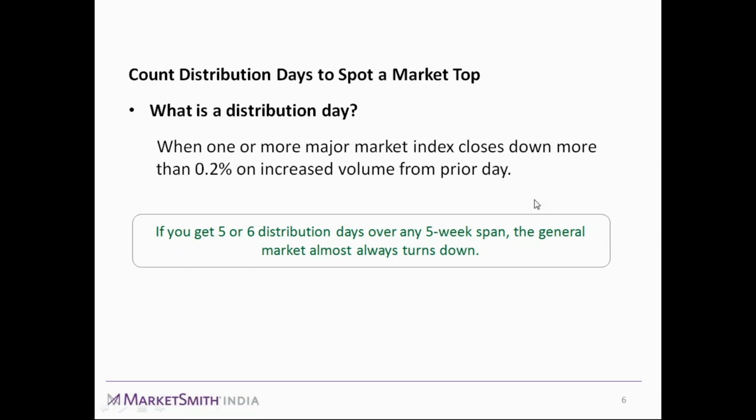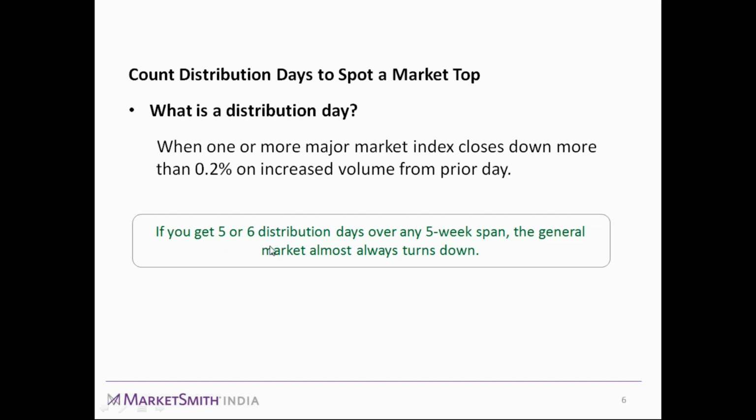So how do we know that the market is entering a downtrend? We count how many distribution days we have in any span of 5 weeks. Standing at today, we look back 5 weeks. 5 weeks is equivalent to 25 trading days. So we look back 25 trading days and count how many distribution days we have.